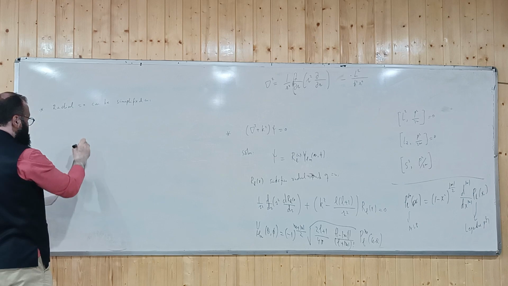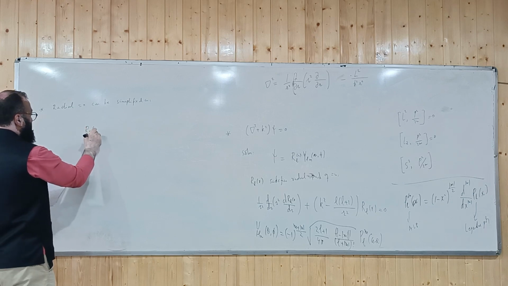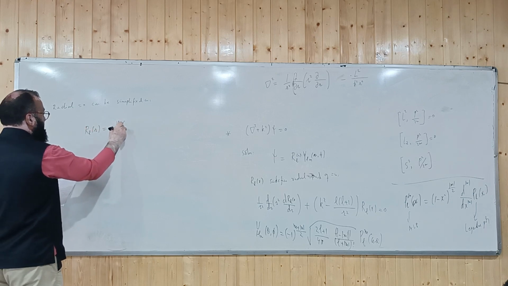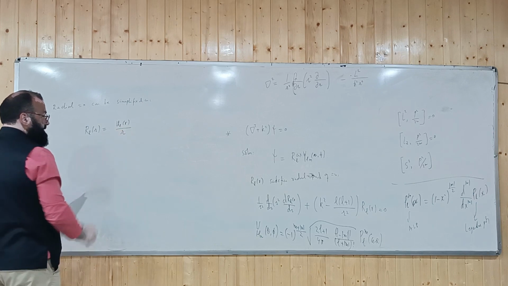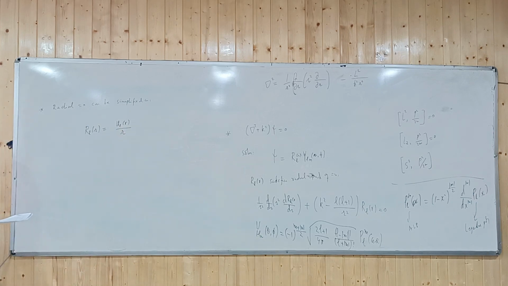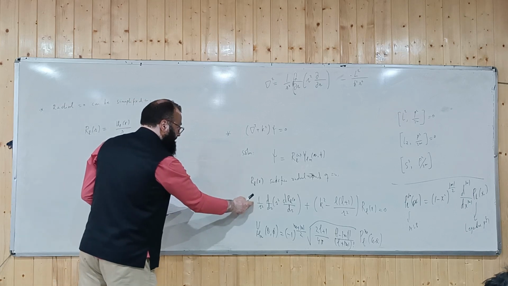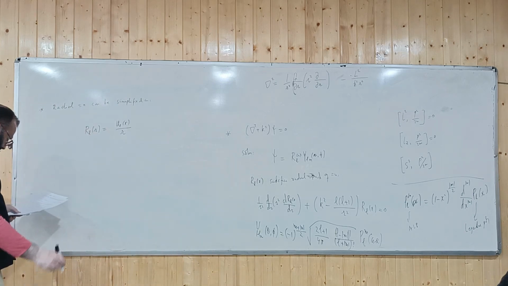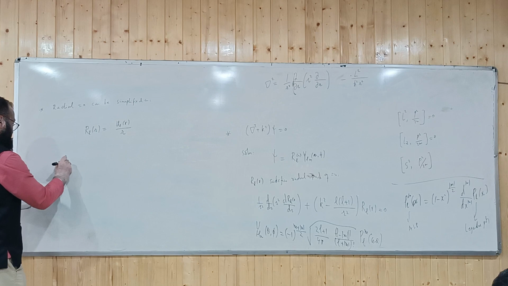We can substitute this R_L(r) as some u_L(r) by r. Clear? So let's substitute R_L as u by r in this equation. You have already done this, I am simply revising it.